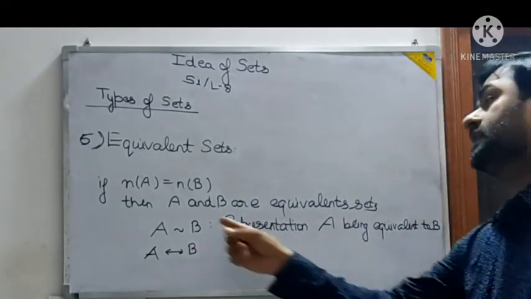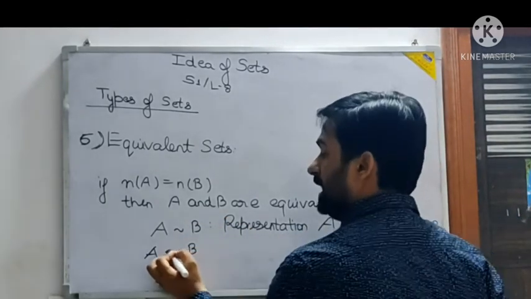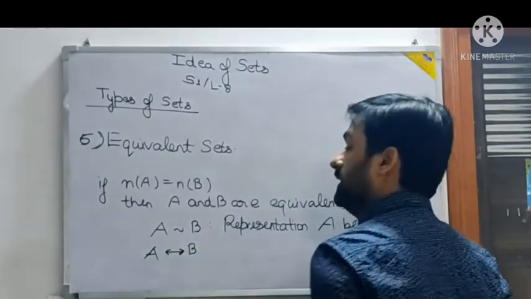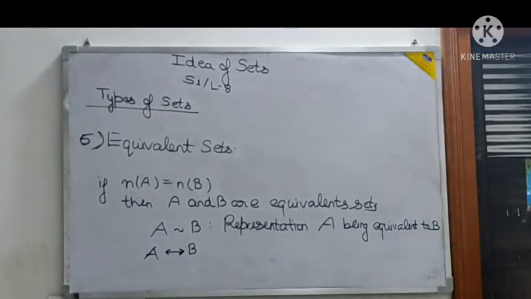So either this or this, one dash and two arrows on both the sides. So this shows equivalent sets.